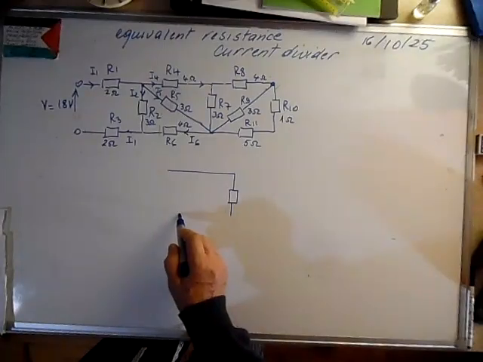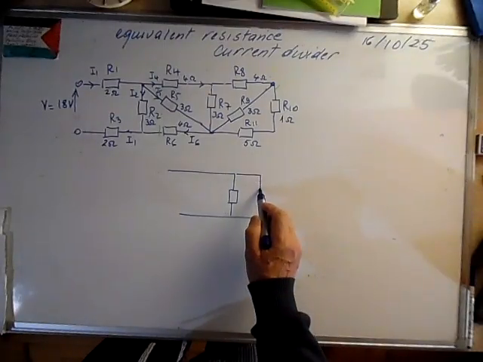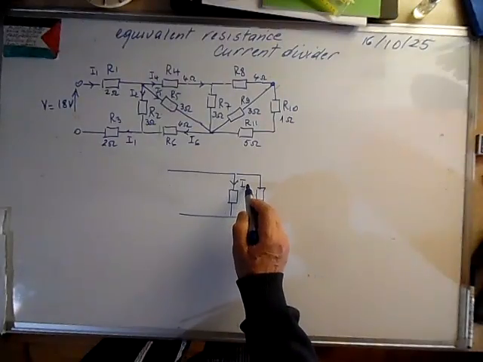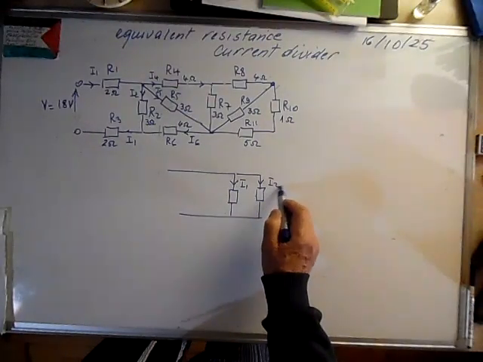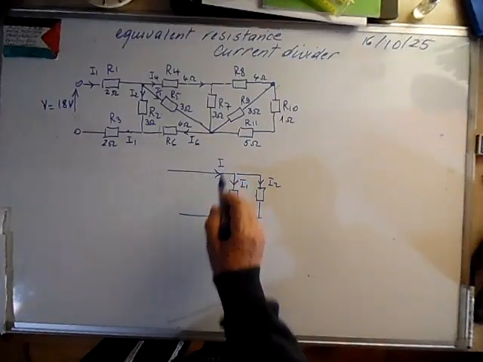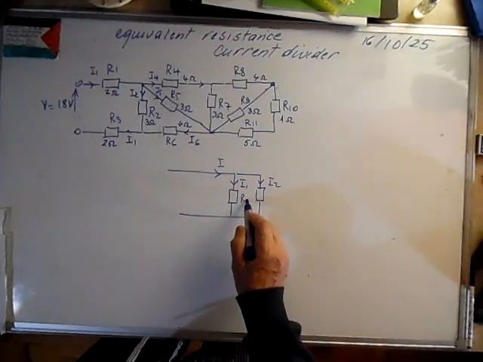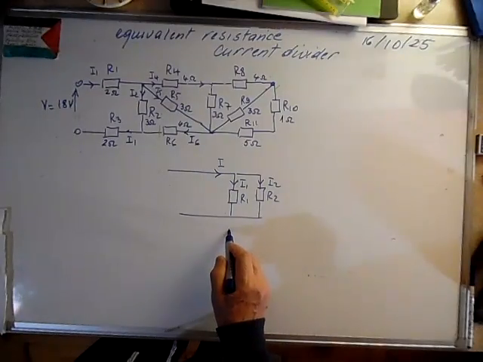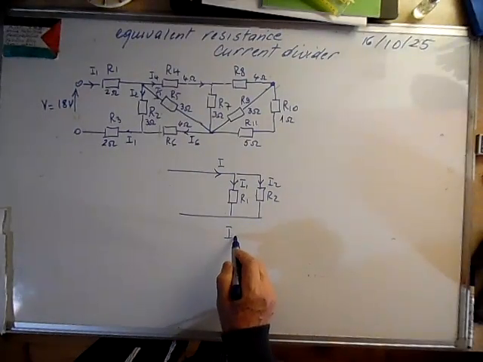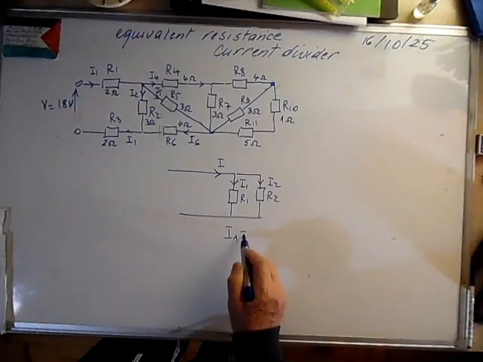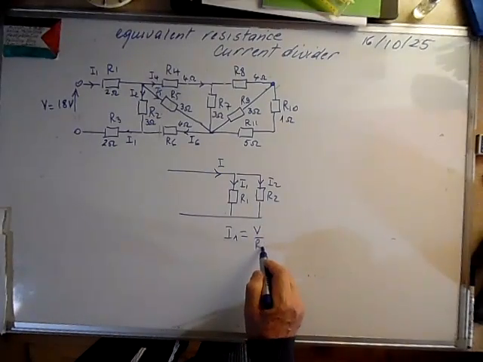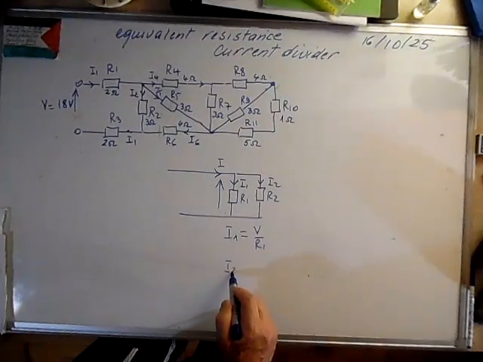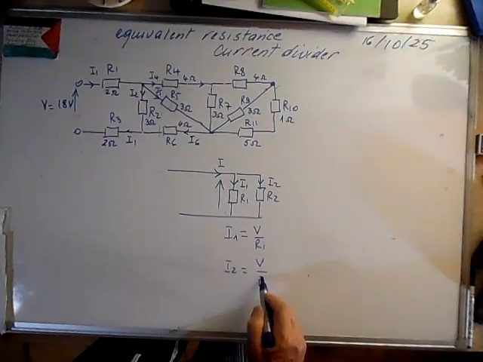First of all, the current divider: when we have two resistors in parallel, we can calculate the branch currents as a function of the main current. So I1, by Ohm's law, is V over R1, and I2 is equal to V over R2.